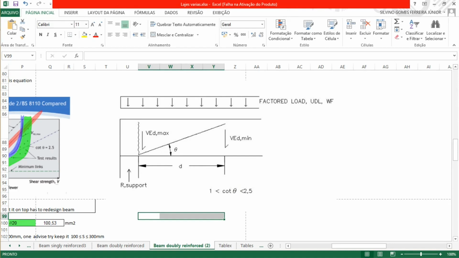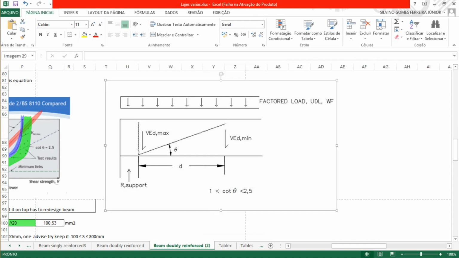And we have this theta. In the Eurocode, they set a condition to put the cutoff of cot theta between 1 and 2.5 to get this verification. That is basically between the angle theta of 45 and 22 degrees to get the VED minimum, and close to the support here will be the VED maximum.